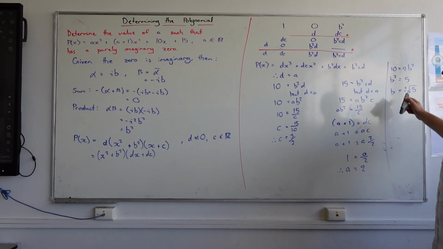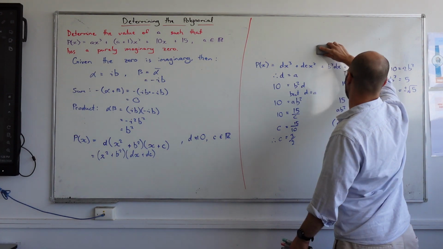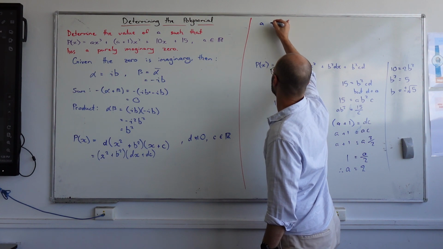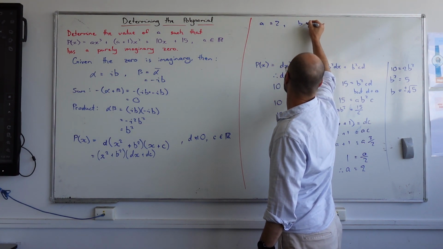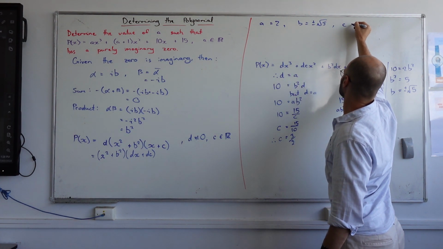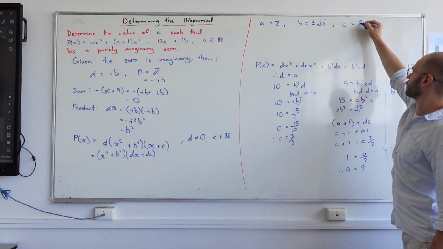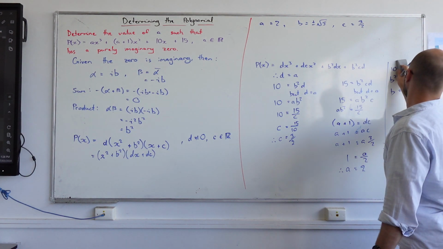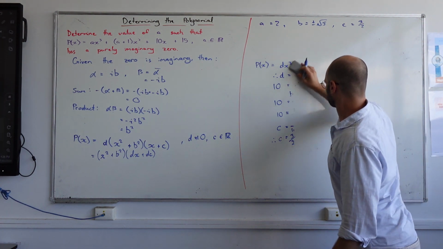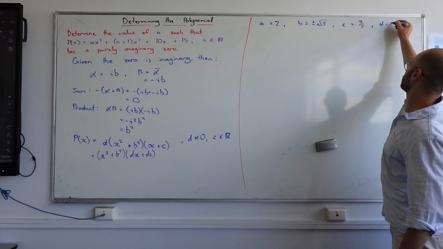Alright, now assuming that we did all of this somewhere on our paper to find the values of a, b and c, a equals 2, b we discovered was plus or minus root 5, and c we discovered was 3 on 2. And d of course was just 2.